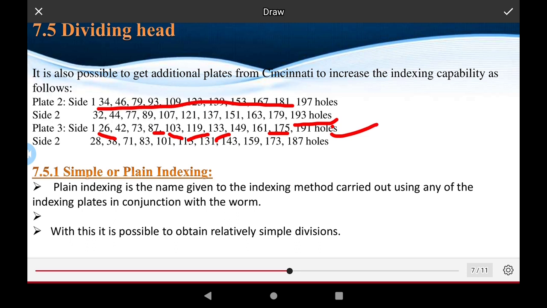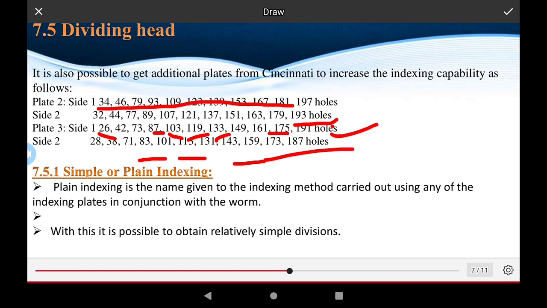The other side of the third plate has 20, 28, 38 and 71 and 83 and 101 and 115 and 131, 140. All the increase for the holes of the plate.